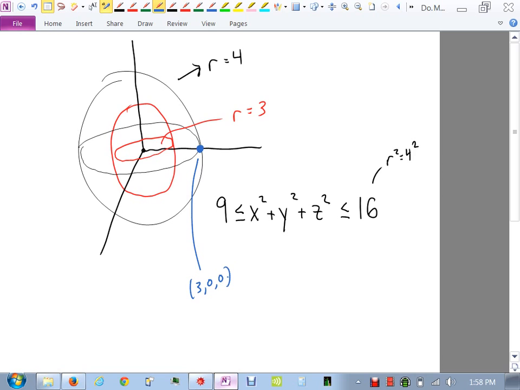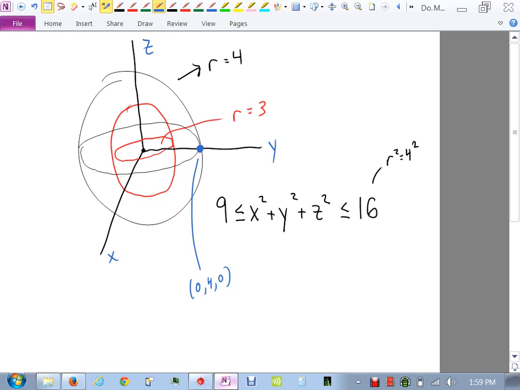You know what, that's wrong. That's 0, 4, 0. I'm on the y-axis, sorry. This is x, this is y, this is z. So that would satisfy it, right? 0, 4 squared, 0 squared. So that'd be 16. That lives within that interval.